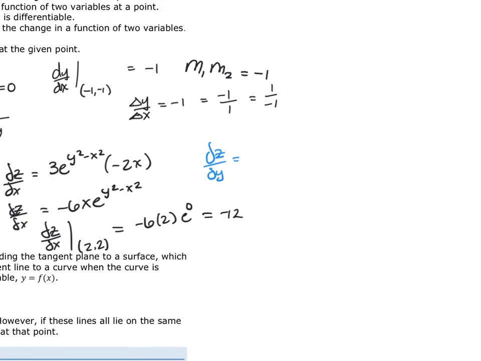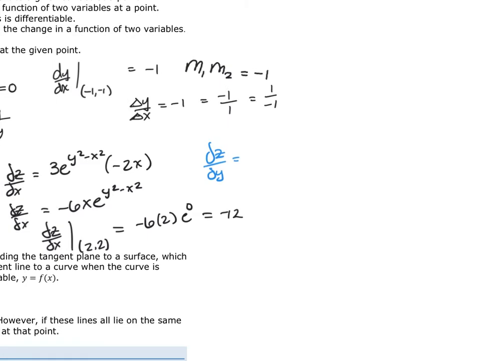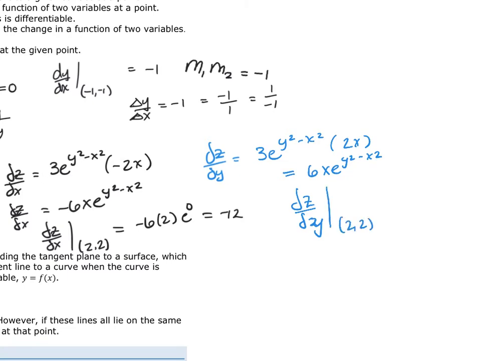All right, so going back over here, I am going to have 3e to the y squared minus x squared multiplied by now 2x. So this is going to be equal to 6x e to the y squared minus x squared. And of course, I'm going to evaluate it at 2, 2, which gives me now a positive 12.